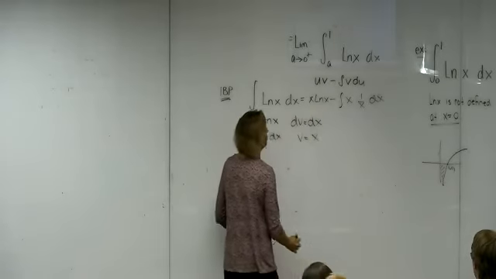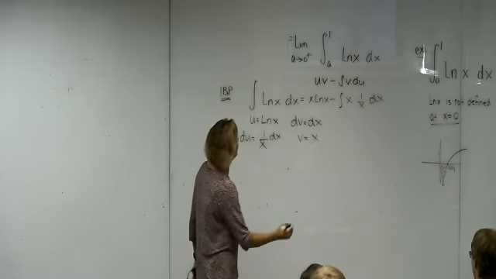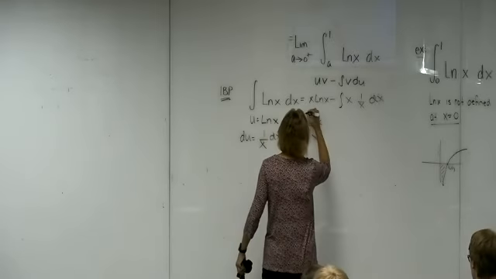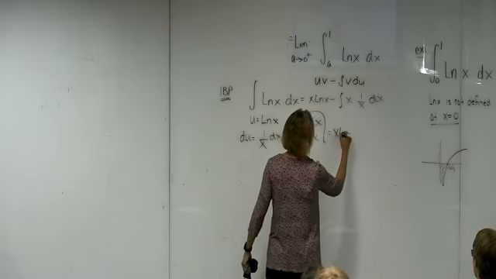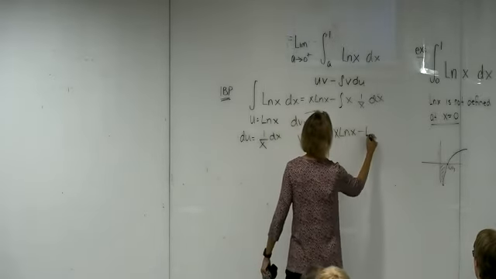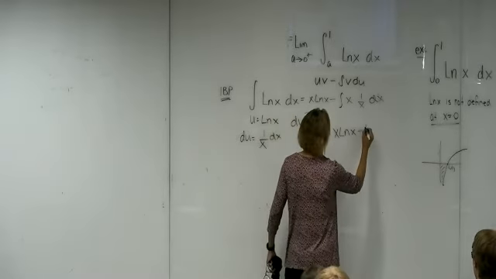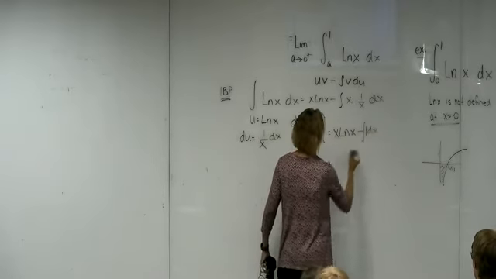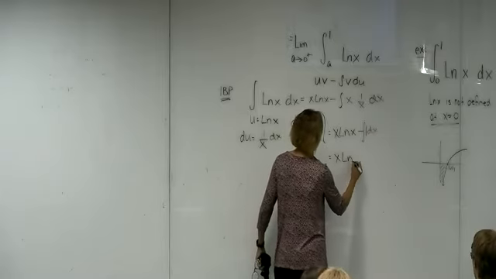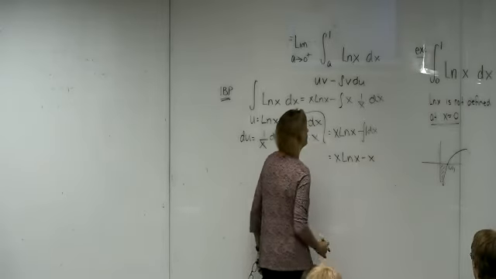So the x times the 1 over x cancels to 1. And so we get x ln x minus the integral of 1 dx, and that's x ln of x minus x.